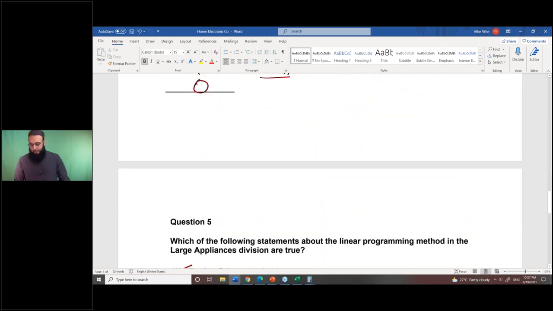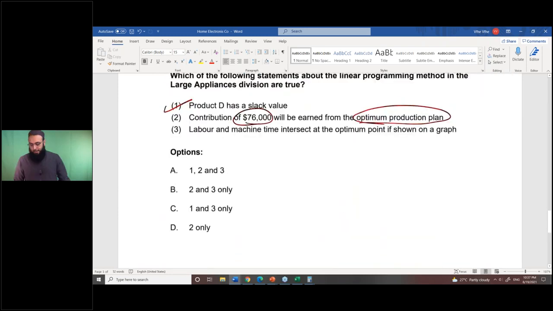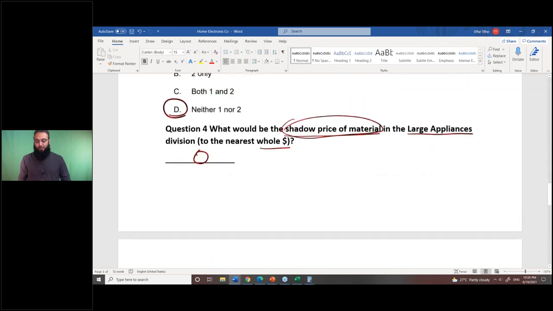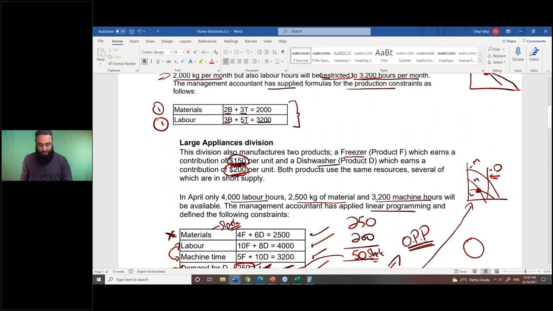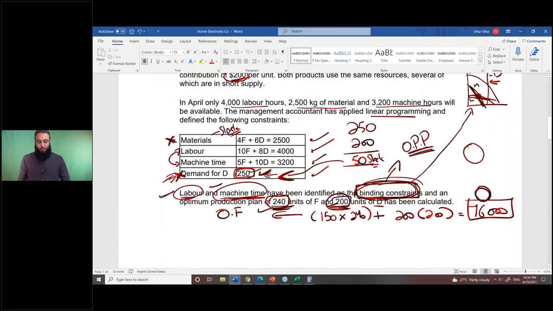So yeah, that's true. The last: labor and machine time intersect at the optimum point if shown on the graph. I have already explained this before. See my graph. Yes, labor and machine lines are intersecting because it was an indication that these two are the binding constraints in the final tableau.